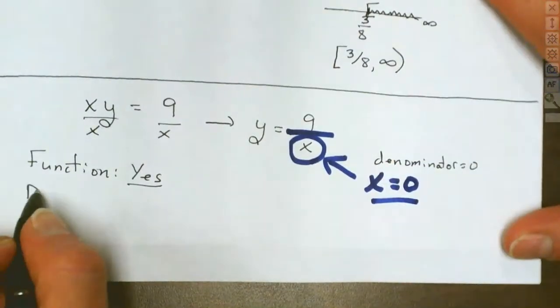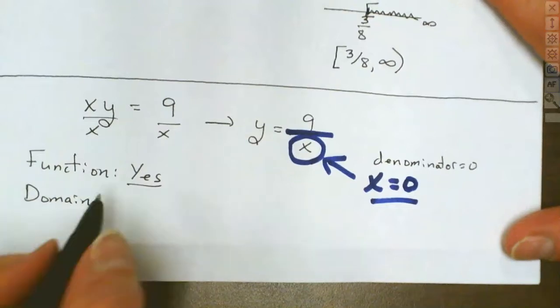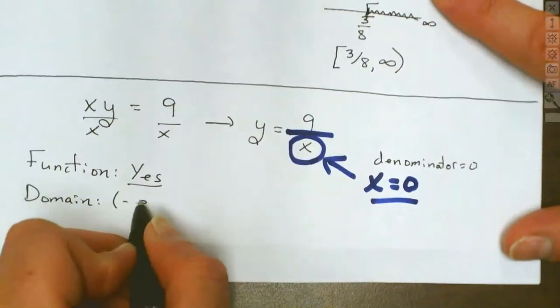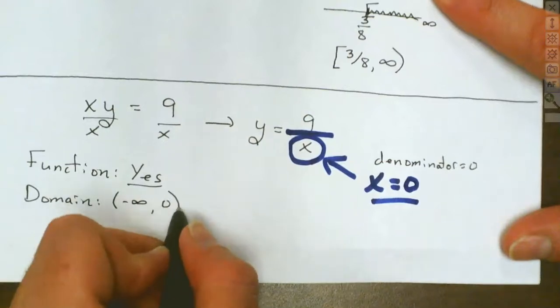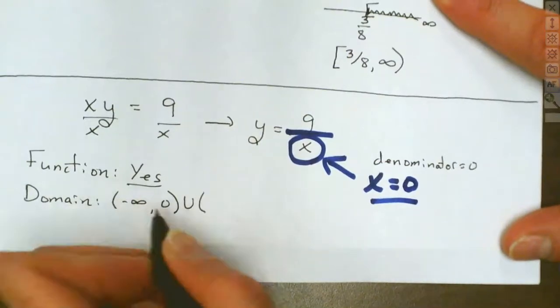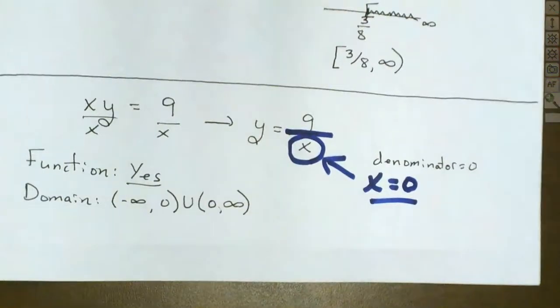So what would our domain then be? Well, we found x cannot be 0, so my domain would be negative infinity to 0 union 0 to infinity. So it is a function, and your domain is every number except 0.